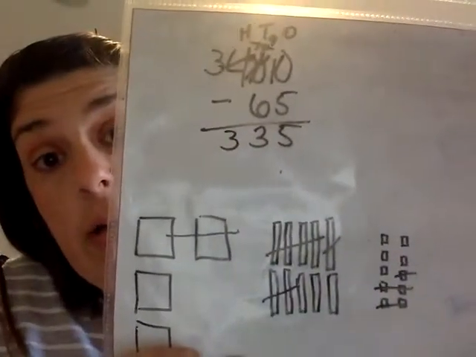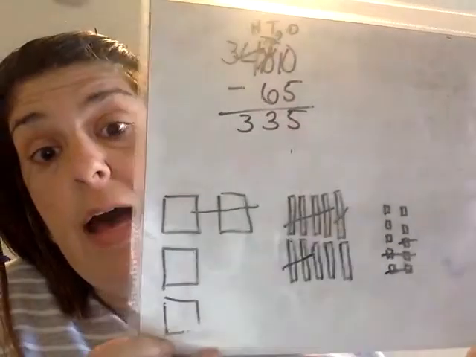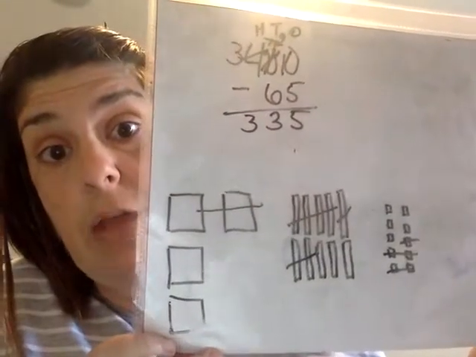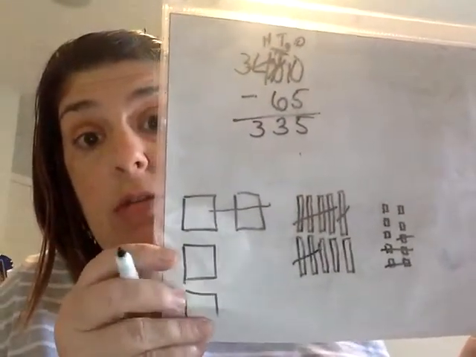And then I don't take away any hundreds. So my answer is 335. Okay, so this is what it looks like when you do it the standard algorithm way. This is what it looks like when you do it the number line way.